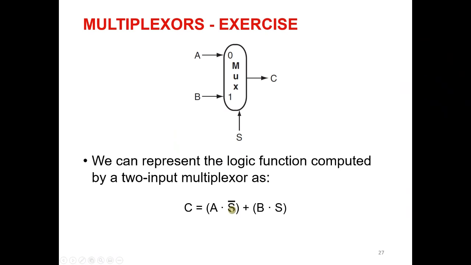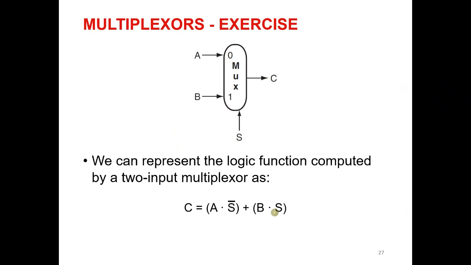Otherwise, this will be 0. So in this part of the equation of the logic function, the value will be A if S is 0, otherwise it will be 0. And the second part will be the inverse. In this part, if S is 1, then the result of this part of the equation will be B. Otherwise, S will be 0, and then all this part will be 0. Okay, so this is how we represent this two-input multiplexor using Boolean algebra.